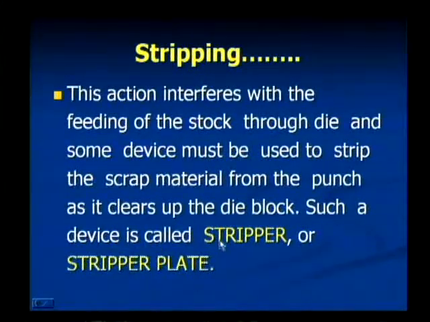Such a device is called stripper or stripper plate. As was discussed just now, unless the waste material or scrap is removed from the punch, we cannot continue the process further. So, to do it, a plate known as stripper plate is used. It is a device used for stripping operation.